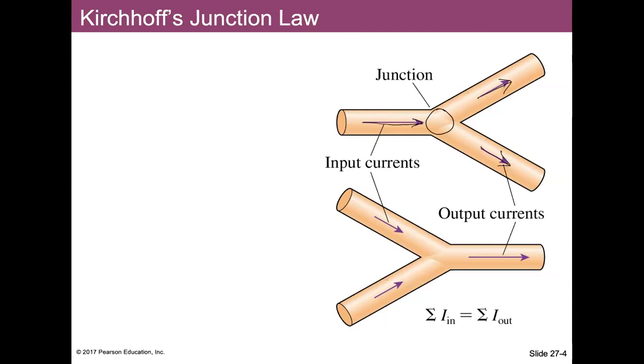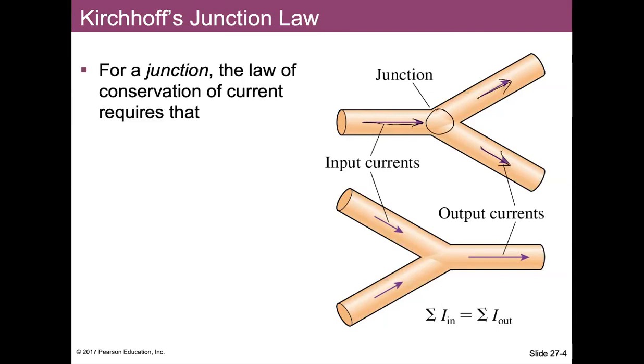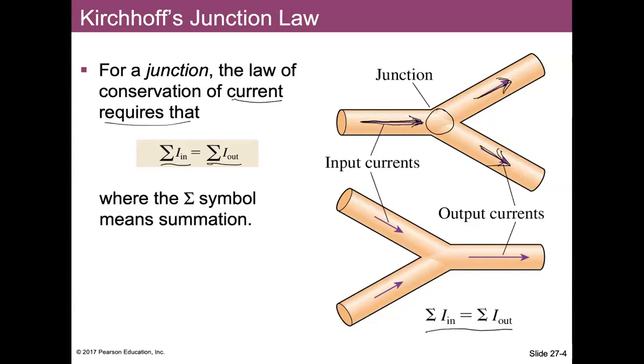Due to conservation of charge, at a junction, the law of conservation of current requires that the sum of all the currents going in must equal the sum of all the currents going out. So this current coming in is equal to the sum of these two currents going out.